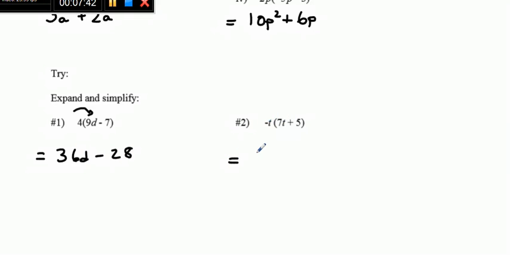This one, minus 7t squared minus 5t. So minus 1 times minus 7, minus 1 times 7 is minus 7, and t times t is t squared. That minus looks a little low, but anyway, you know what I mean. It's minus 5t.